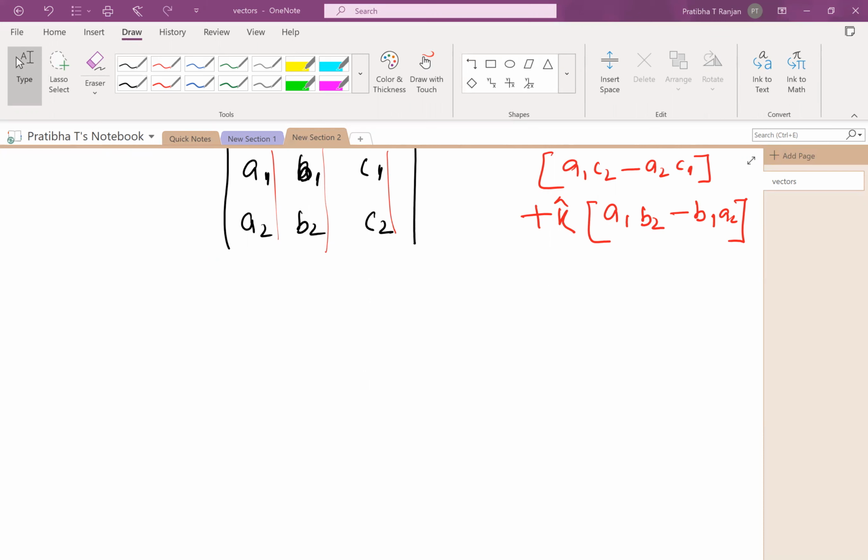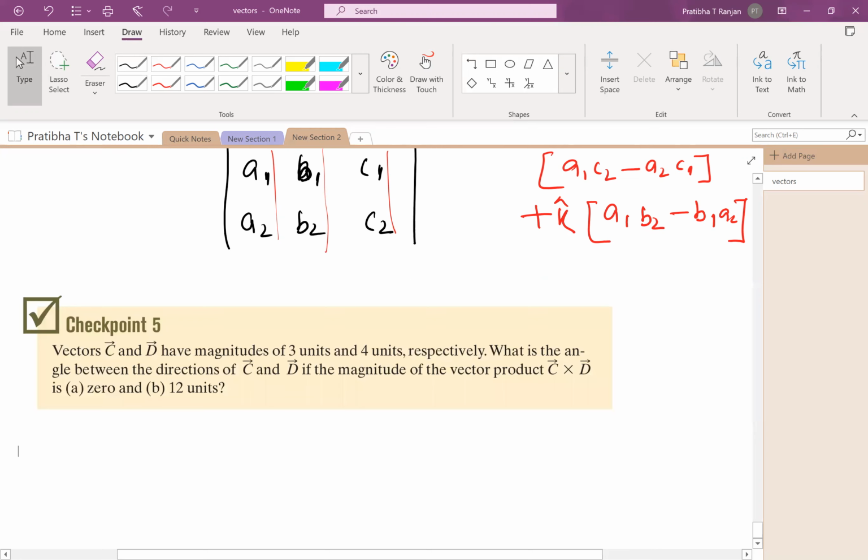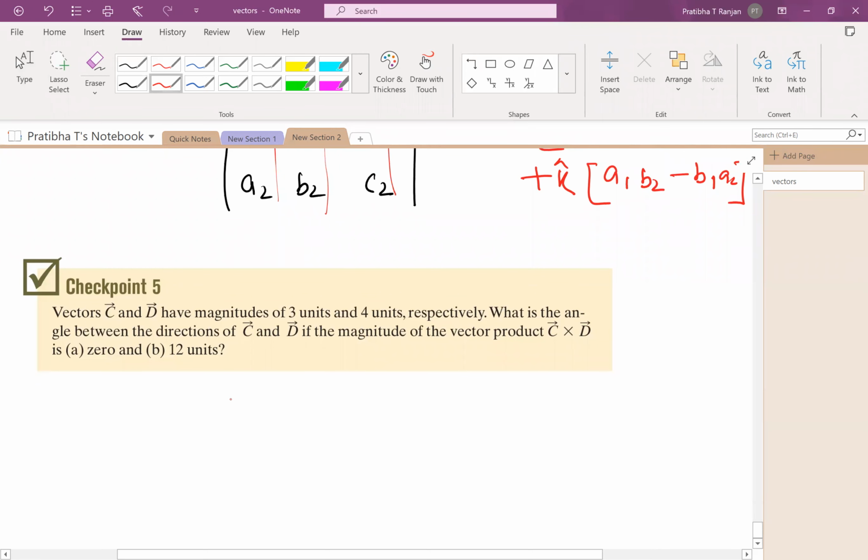So let's do some questions. I think we have some checkpoints. Let's do the first one, checkpoint number 5. They are saying vector C and D, again the magnitude. So the magnitude of C cross D is magnitude of C, magnitude of D, times sine theta, right?